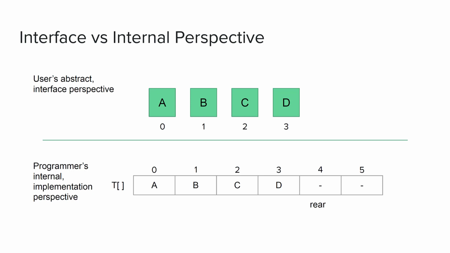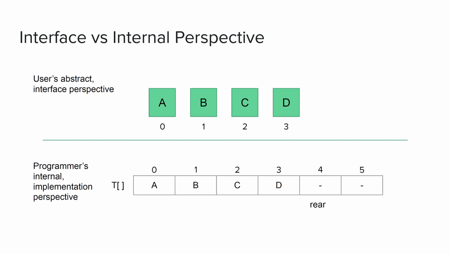From here, we visualize a list simply as a consecutive sequence of elements. So A is the first element, then B, then C, then D. And there's no concept and no interest really in how code is managing these things. There's no management concept. The elements simply are in this order, and I interact with them through the interface methods.